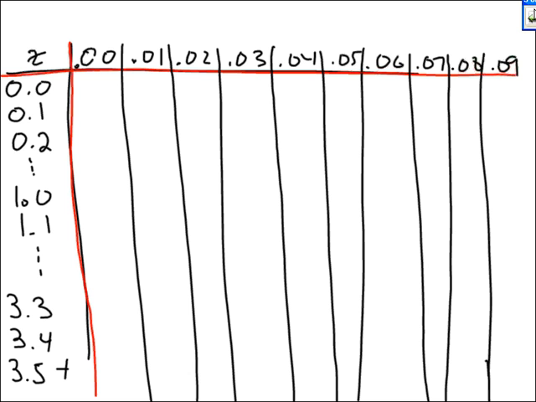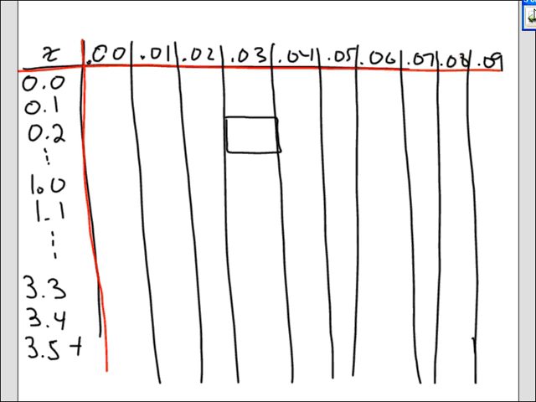For example, the number that you see right here corresponds to a z-score of 0.2 plus this number, 0.2 plus 0.03.